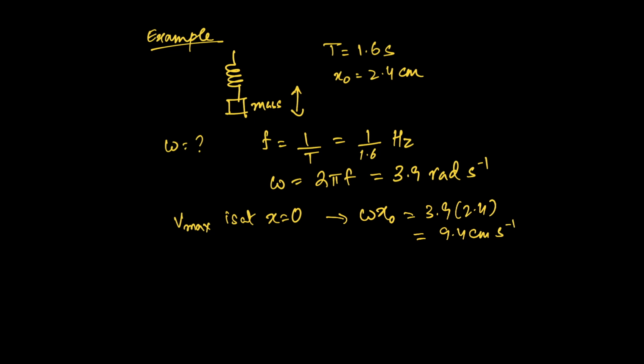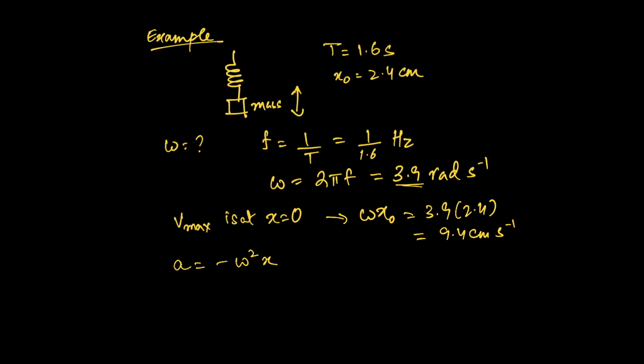We can also calculate the acceleration here. So acceleration is going to be negative omega squared x. Now you know what omega is, and you know what the maximum acceleration is going to be. Remember, when does the maximum acceleration happen?